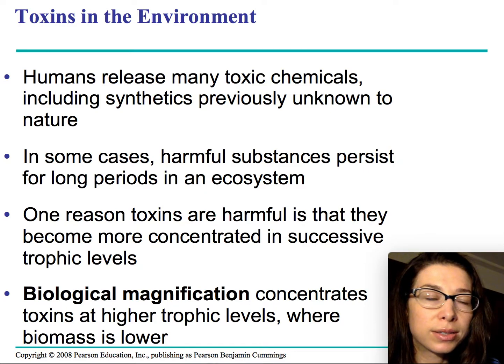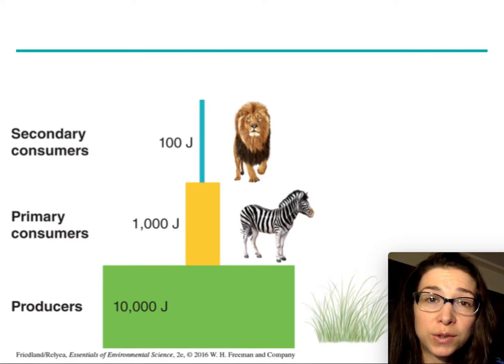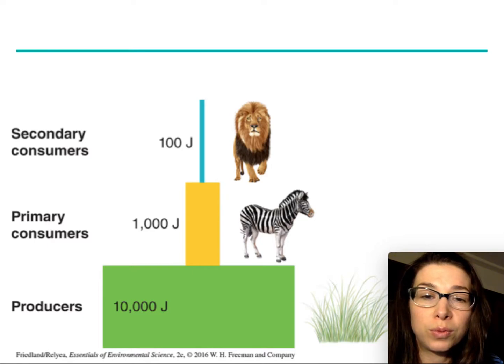Let's just remind ourselves why biological magnification happens. So do you recall this highly inefficient energy transfer between trophic levels of the food pyramid?